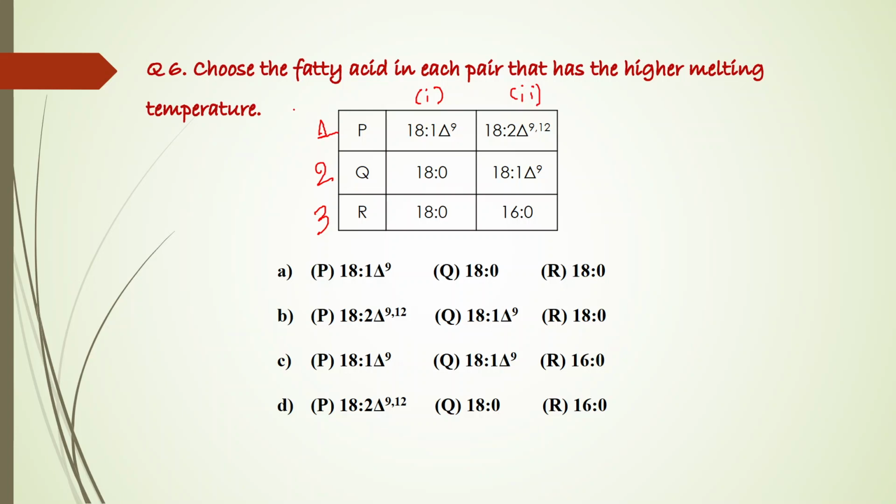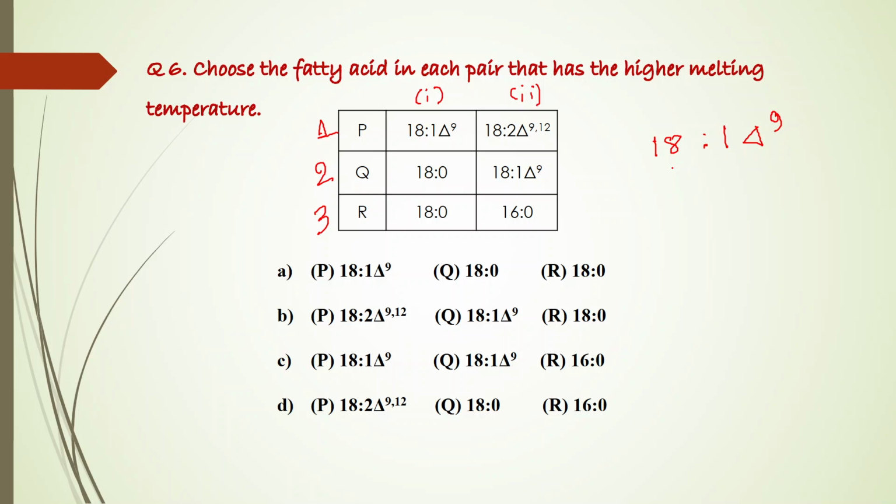So in case of this first set, these are the 2 fatty acids. What does this delta designation mean? That we need to know. It is written like 18:1, delta 9. So what do these numbers represent?